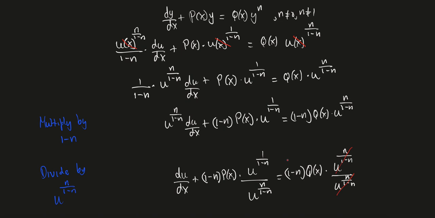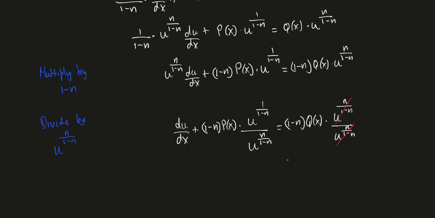So all that's left to do is to figure out what happens when I have u to this power, 1 over 1 minus n, divided by u to this power, n over 1 minus n. Well, think about it. You have your properties of exponents, right?